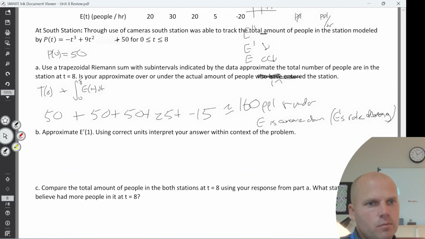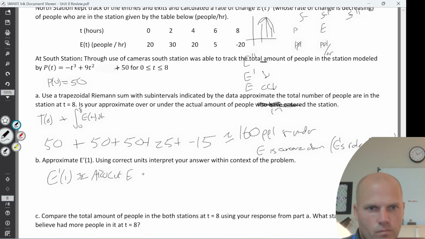Approximate E prime of 1. Cool. E prime of 1. I would like you to do this. It is approximated with the average rate of change of E from 0 to 2, which is 10 over 2, which is 5. This would be people per hour squared. Interpret this.